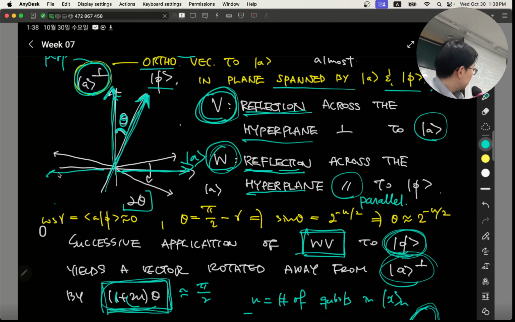So anyway, this is the basic idea of Grover's algorithm. Let me know if any part is not clear, so we can think about this together.